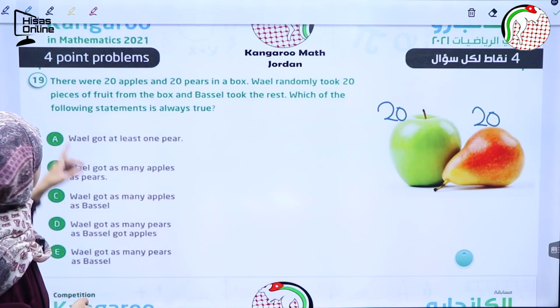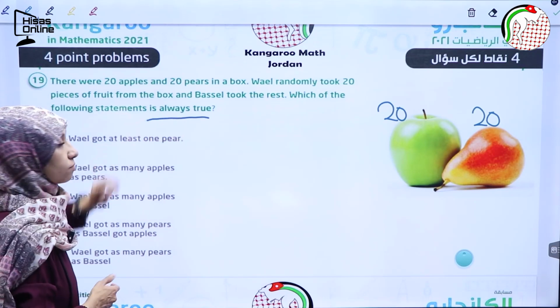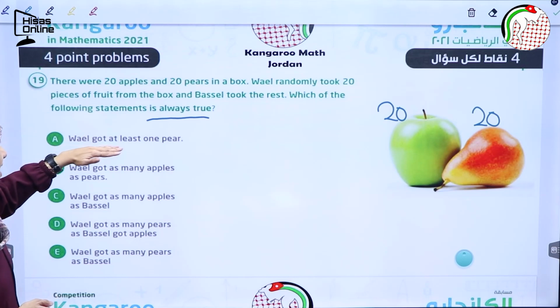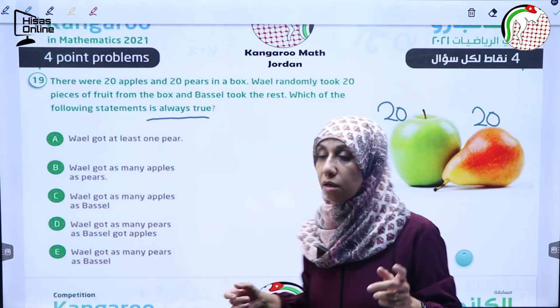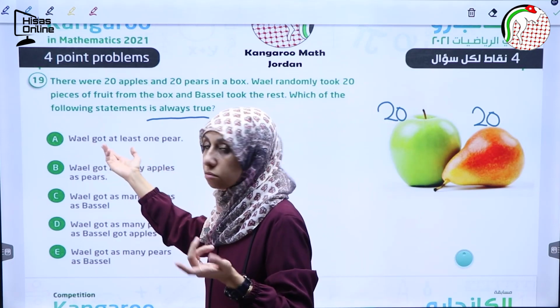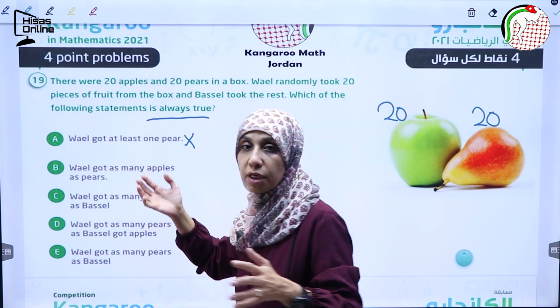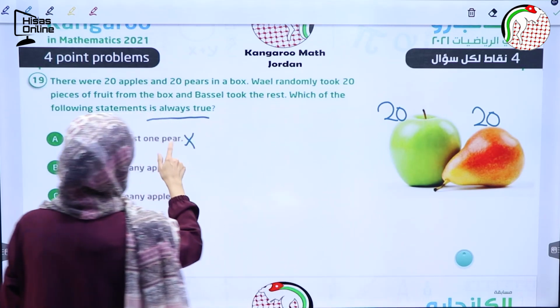Now, which of the following statements is always true? A. Wael got at least one pear. Is that always true? No. Why? Because when he picked randomly, he might not have any pear.